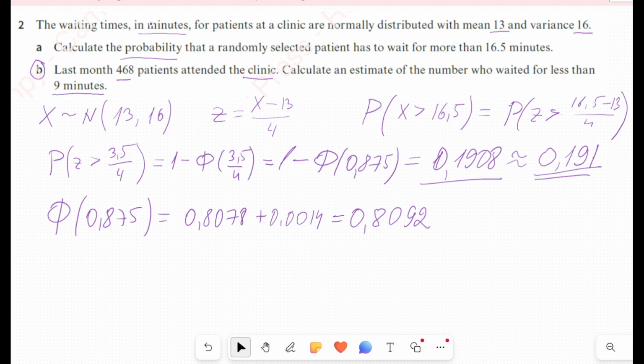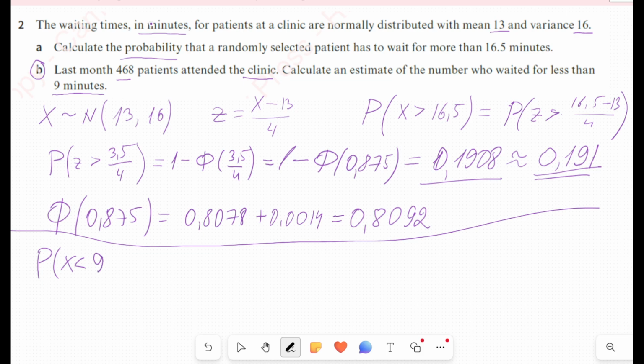So for part B, we need to calculate firstly the probability that we waited less than 9 minutes, the probability of X smaller than 9.